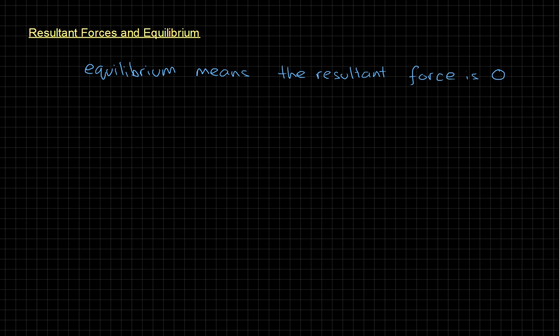Now, remember that the force, in some sense, is a vector. So when we say a vector is zero, then we're effectively saying all components of the vector are zero.